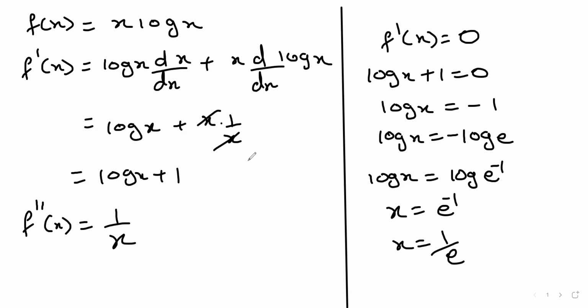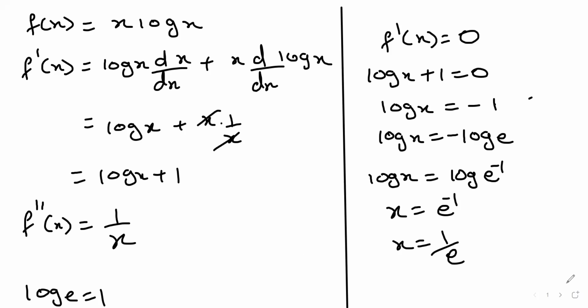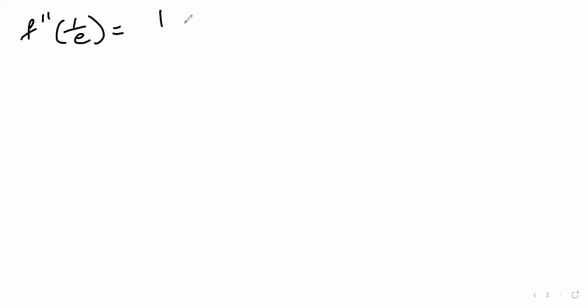Now we will try x at 1 by e. The only difference here is that log e is 1, and we have to substitute that. Minus log e becomes log e raised to minus 1. x is 1 by e. Now I will put this value here. So f double dash of 1 by e is 1 upon 1 by e.